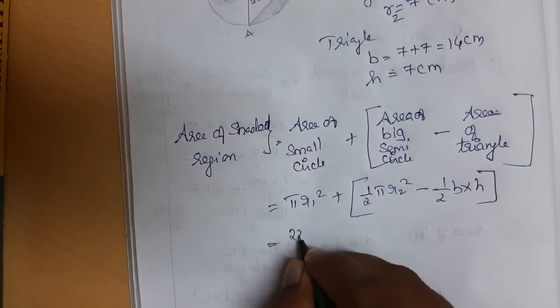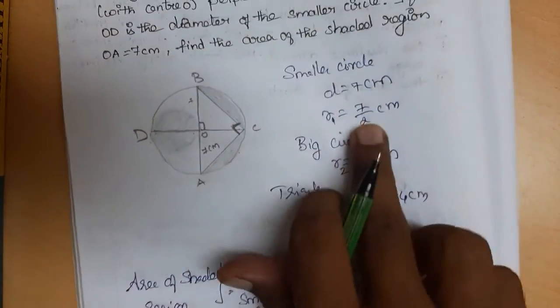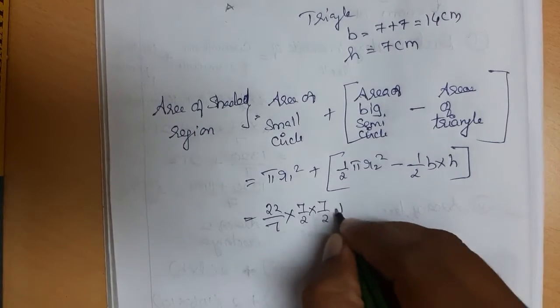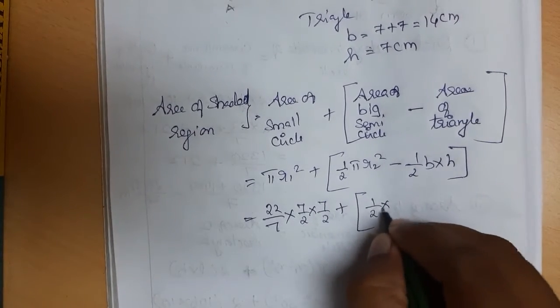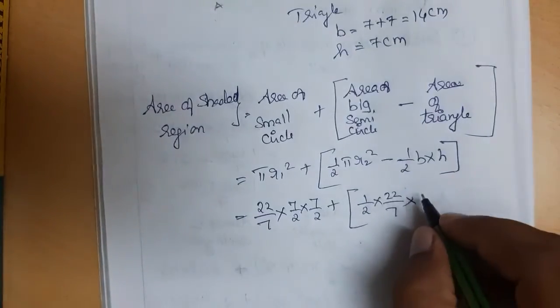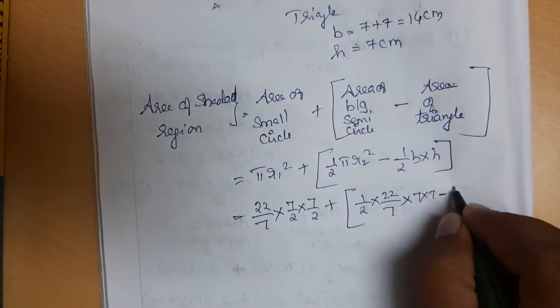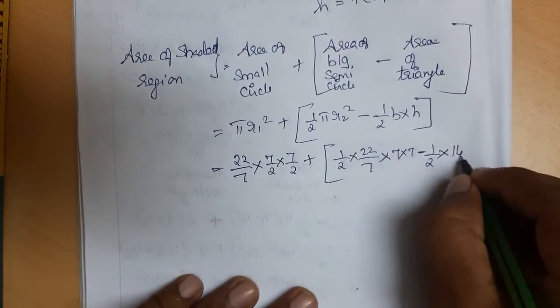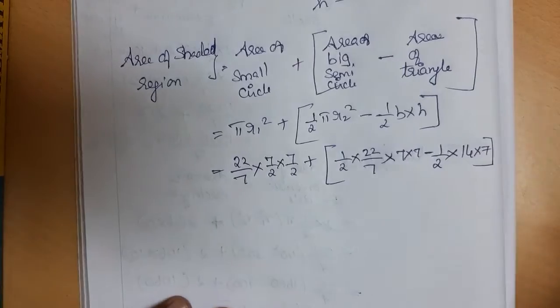So the pi is 22 by 7, r1 square is 7 by 2 into 7 by 2, plus here half into 22 by 7 into here r2 is 7 into 7, minus half into base is 14 into 7.